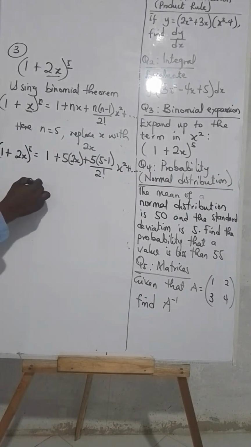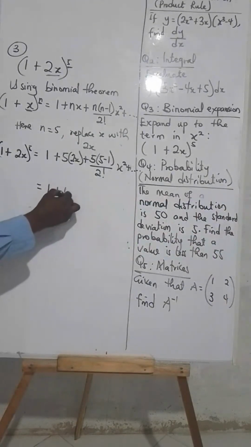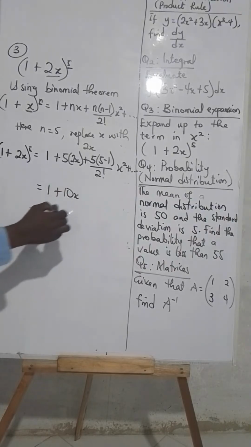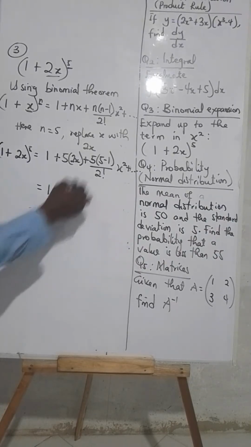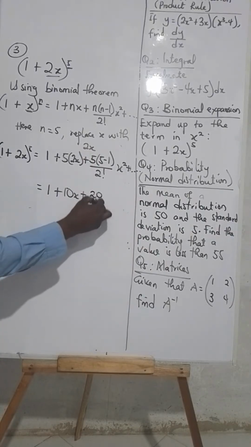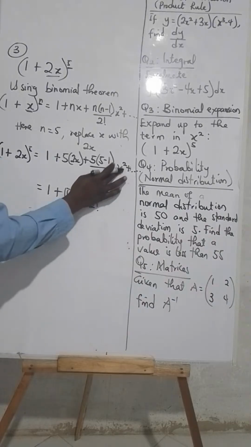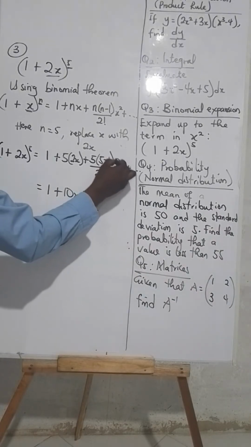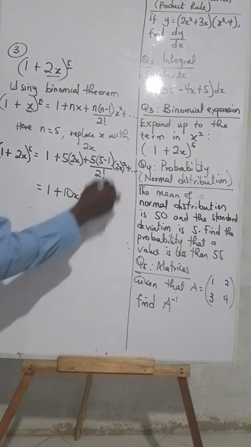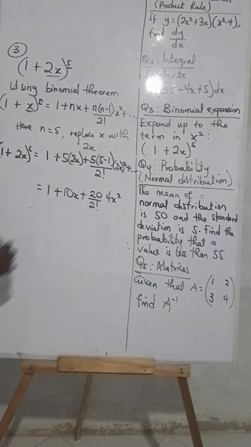So this will give us 1 plus 10x plus, this will give us 20 on 2 factorial. Then we have 2x all squared, sorry. So this will give us 4x squared, right?